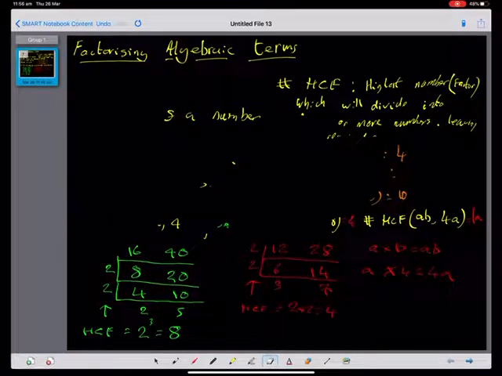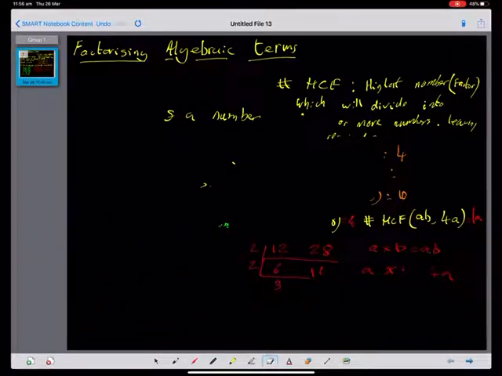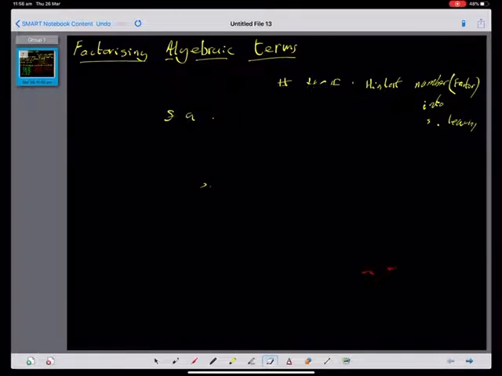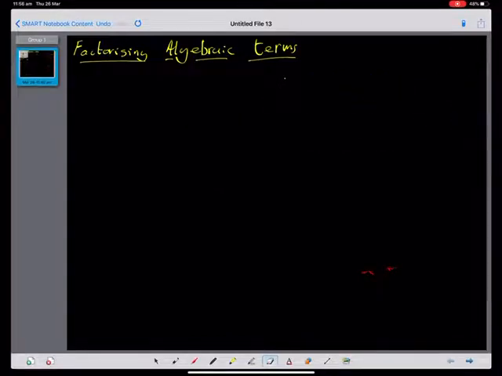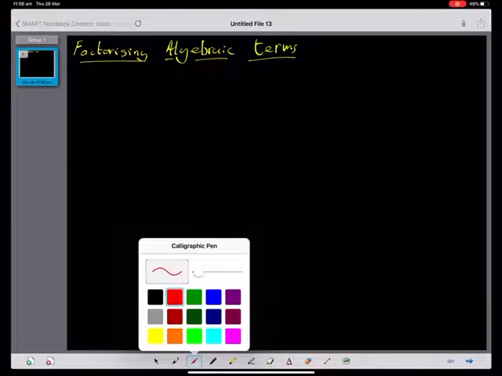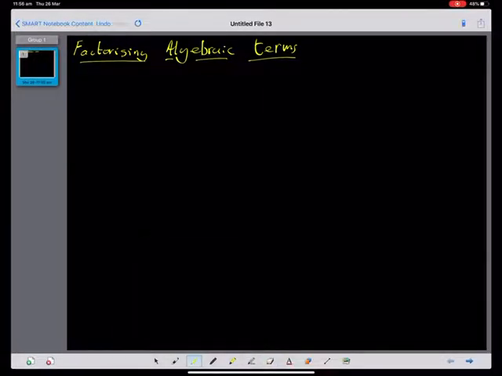Okay, so some students had problems with question 5. So I'm just going to go over question 5 eventually, but let's start off with question 2. Okay, so question 2 said let's do a range.